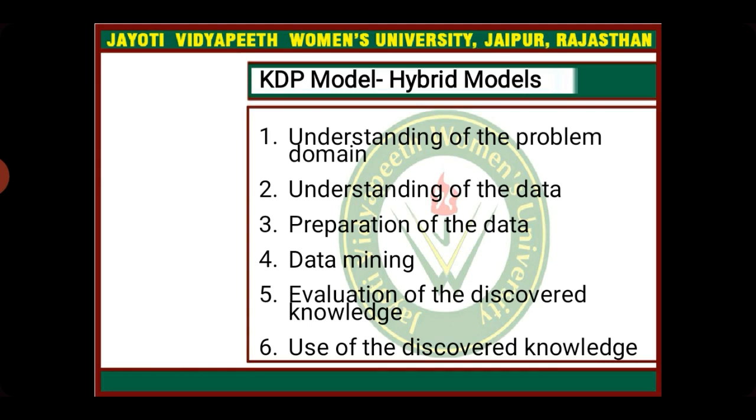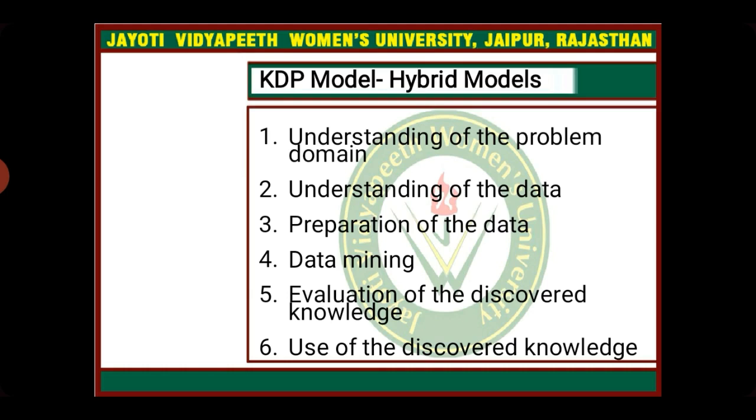Fourth is from data mining to understanding of the data. In this case, the most common reason for this loop is poor understanding of the data, which results in incorrect selection of data mining methods and subsequent failures. For example, data were misrepresented or were continuous and discretized in the understanding of the data step.